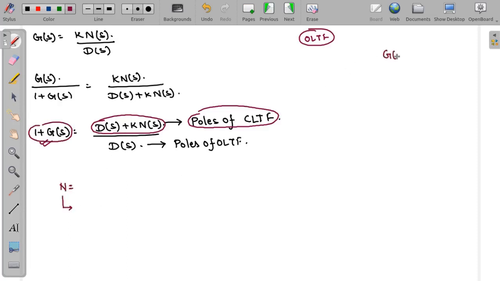Previously we were taking G(s), so our origin was (0, 0). But now if we take 1 plus G(s), you can see I have shifted the origin of this G(s) to the left by 1 unit. Why? Because 1 plus G(s) will be equal to 0 at G(s) equal to -1. So this point -1 + j0 is now the origin for 1 plus G(s). So that is why N is the number of encirclements.